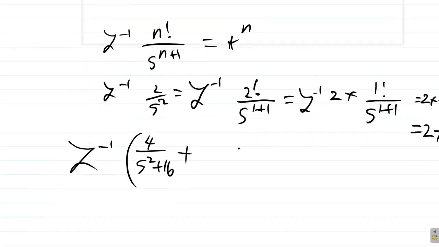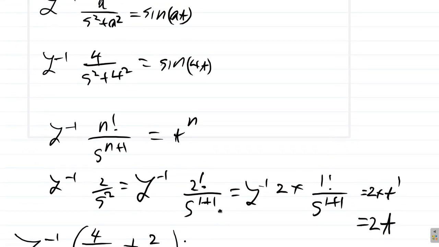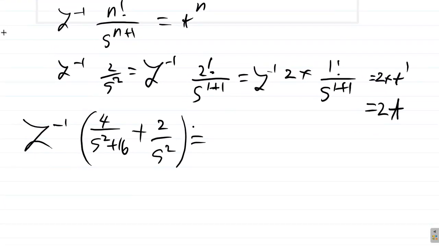Plus 2 over s squared. You take the inverse Laplace transform of each item separately, and then you add them. The inverse Laplace of 4 over s squared plus 16 was sine 4t, plus the inverse Laplace of 2 over s squared is 2t.